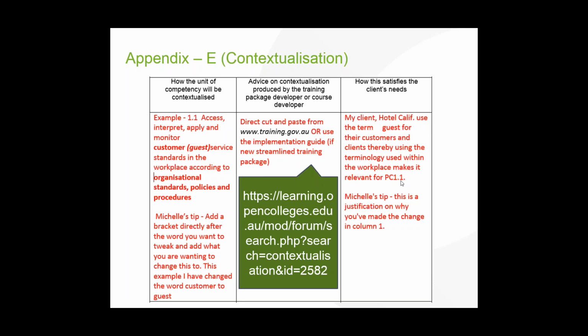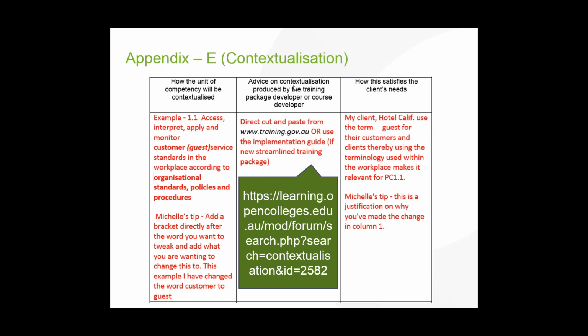That's contextualization. But do not write only one example. At least minimum there must be 2 to 3 examples of contextualizations. So select maybe 1.1 and 2.3, contextualize it, write the logic behind that contextualization, and that's it.